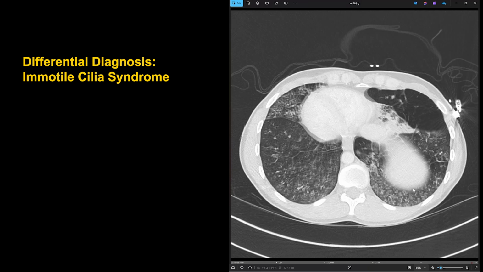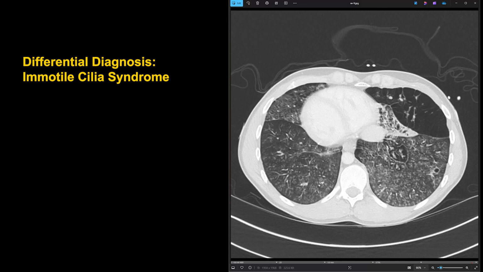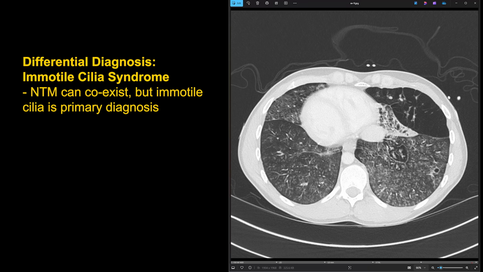Now, this patient, as I said, has immotile cilia, and the distinction I want to make here is what is causing the bronchiectasis. So patients with the nodular bronchiectatic form of NTM usually will have infection in relatively normal lung.